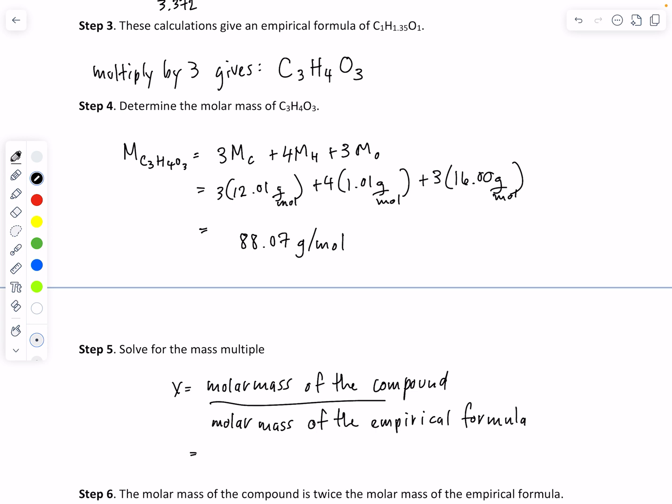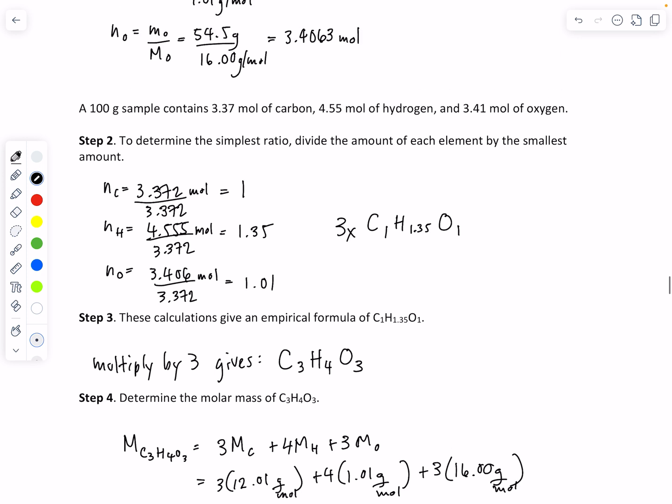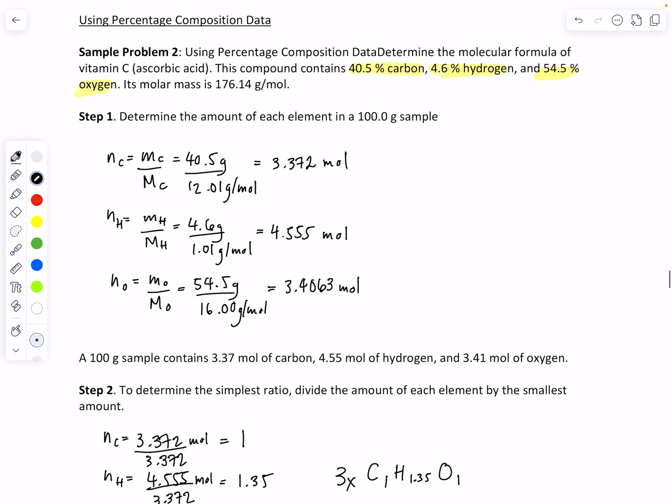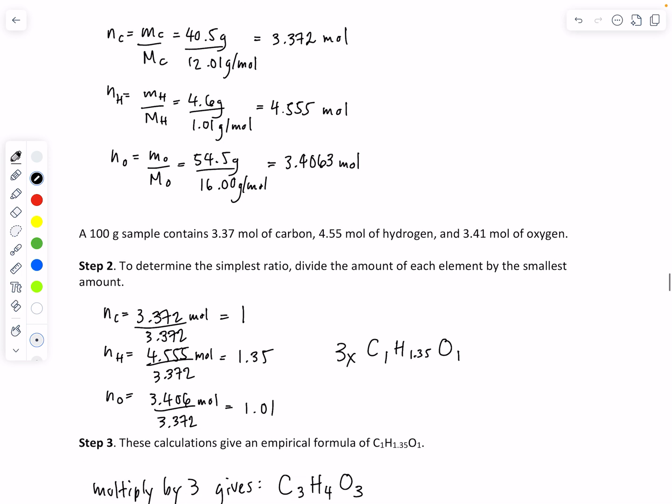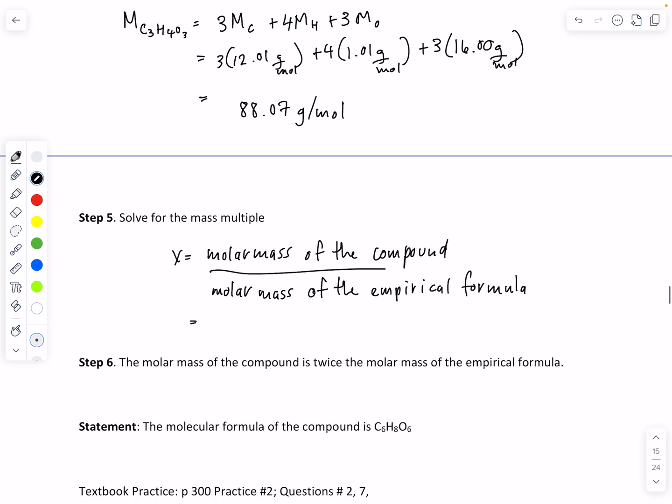The molar mass of the compound, let me go back and see what it was in our question. The molar mass is 176.14. And the molar mass of the empirical formula is 88.07 grams per mole. If we punch this in, the mass multiplier is 2.0.